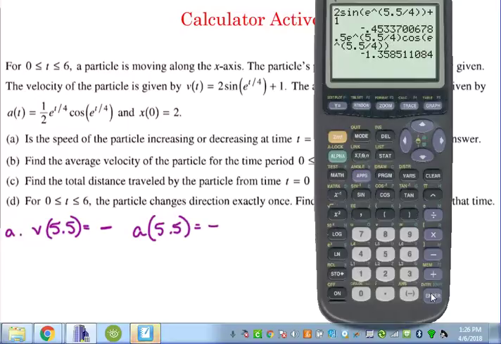So just like the previous problem, velocity and acceleration have the same signs.